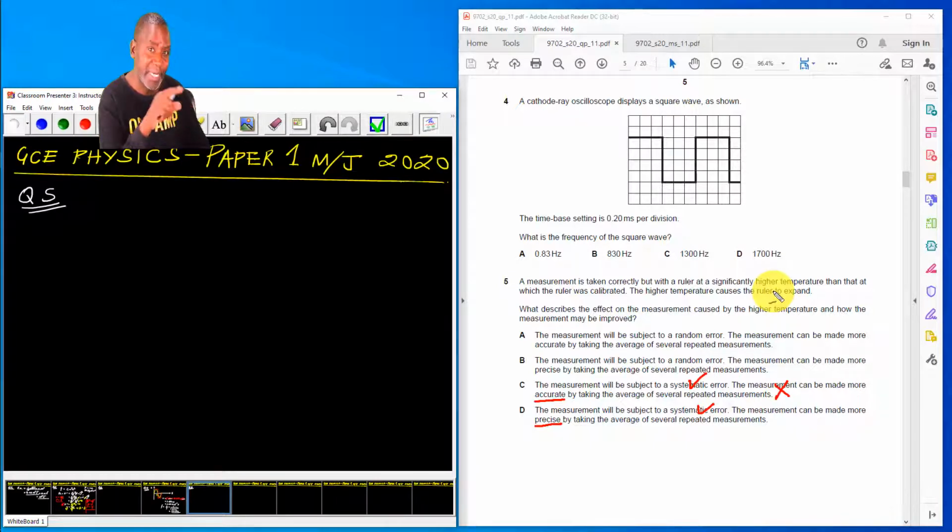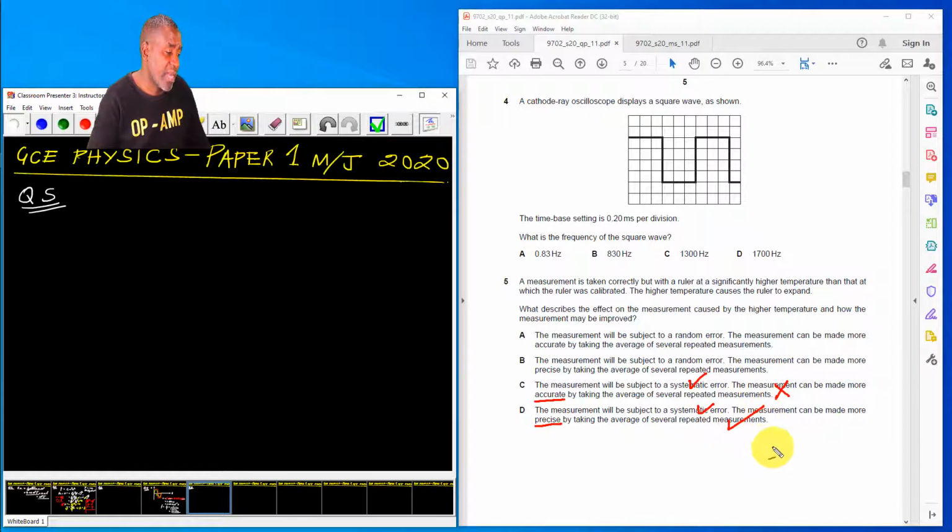They have left that one out, which would be solved by changing the conditions which are introducing the error, and that is lowering the temperature. They have gone over to precision, so we need to understand what precision is. How do we improve the precision of a measured value? So the measurement can be made more precise by taking the average of several repeat measurements. That is true.